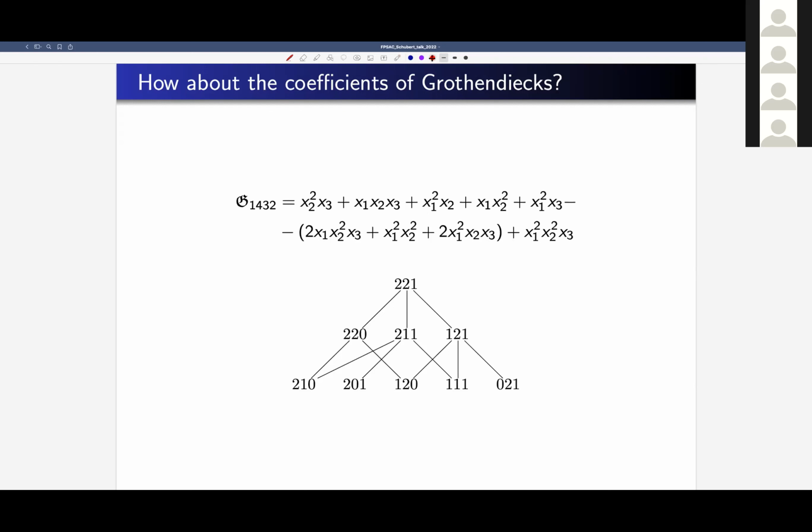Let me write down the coefficients corresponding to the monomials with these exponents. Okay, so this is 1, 4, 3, 2. So this is 1, 1, 1, 1, 1, corresponding to these.